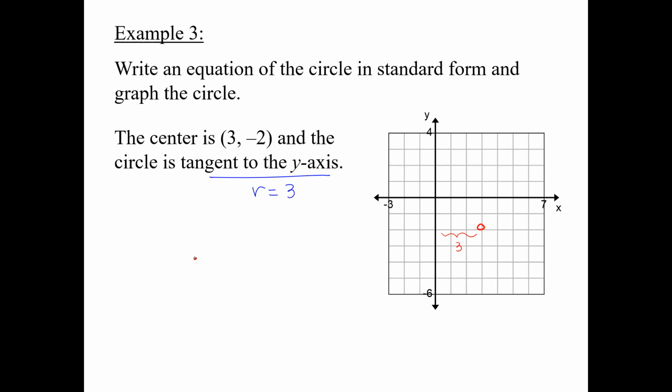If you have a circle and a radius, here goes the arc of the circle. A tangent would be a line that comes here, just touches that at a right angle to the radius, and it only touches the circle in the one point. Now that's what a tangent is.